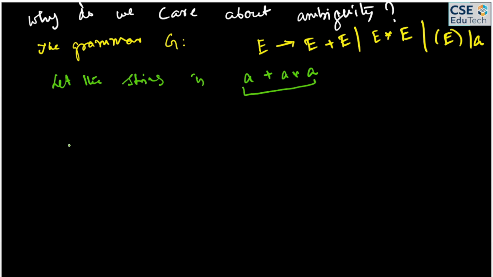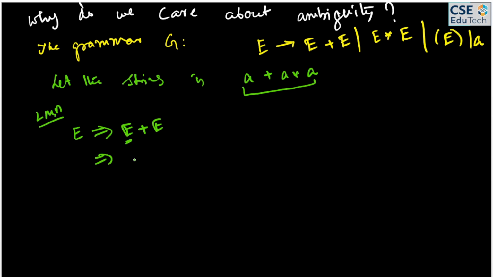Now we try to generate two or more distinct leftmost derivations. So first leftmost derivation, we'll start from E. E derives E plus E, then leftmost derivation, so the leftmost variable will be replaced every step.